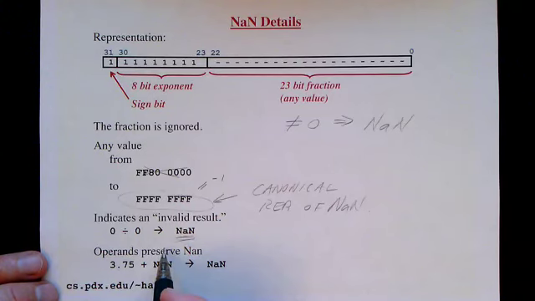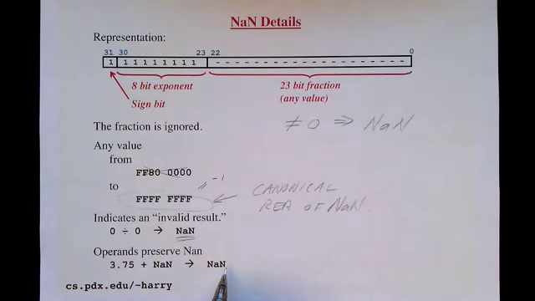And other operations are designed so that if they are given not a number as one of their operands, it gets preserved. So, for example, if you have not a number and you try to add it to 3.75, the result is not a number. So this allows errors to be preserved. If in a long sequence of computations something goes wrong, for example 0 divided by 0, then that error is propagated and preserved all the way to the final result.